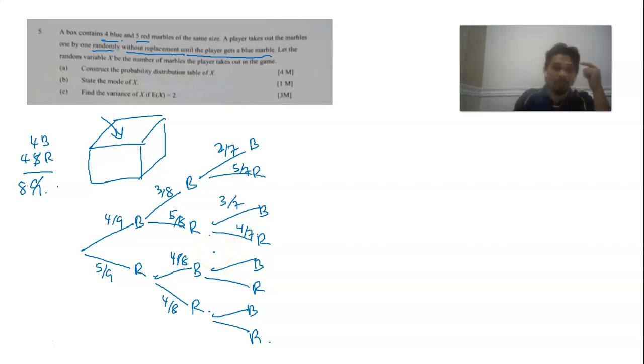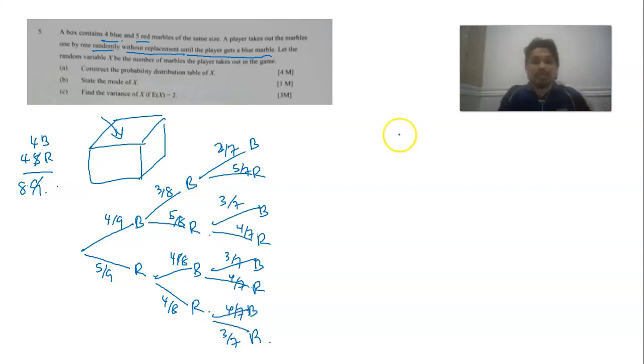If one blue ball has been taken and 1 red ball has been taken, what will be next? From 9, 8, it becomes 7. So for blue, 4 minus 1 becomes 3 over 7, and here is 4 over 7. And for red, from 5 to 4, it becomes 3 over 7, and here is 4 over 7.